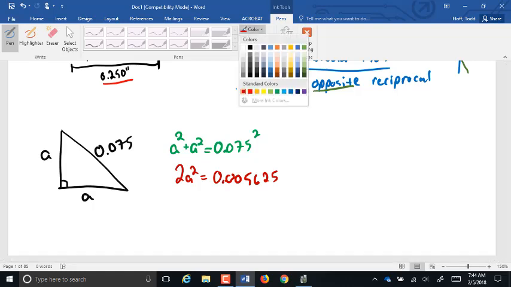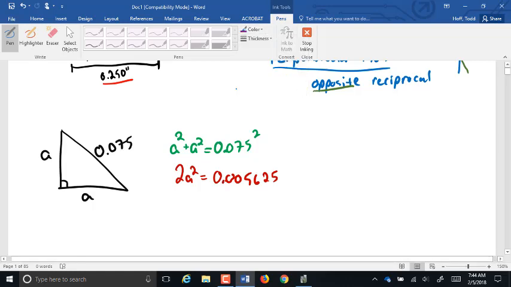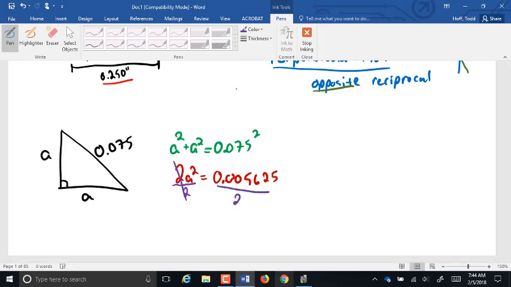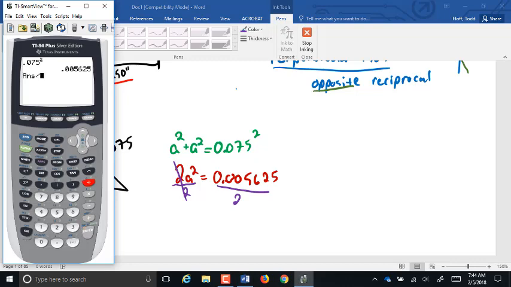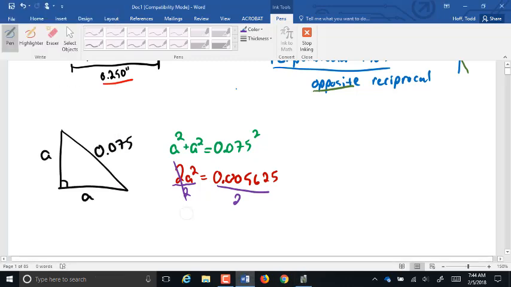So to solve this, what do we have to do? Divide by 2. And then we've got A squared equals 0.0028125. Square root it.